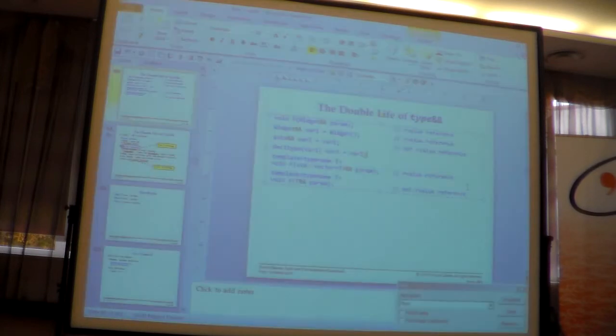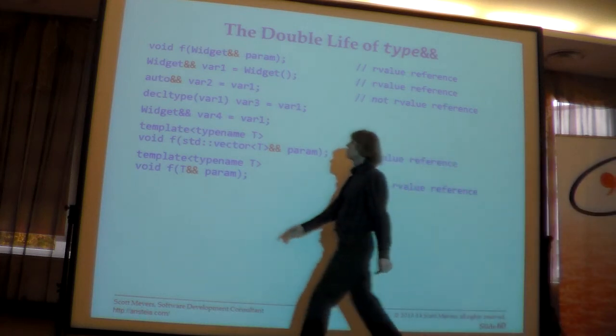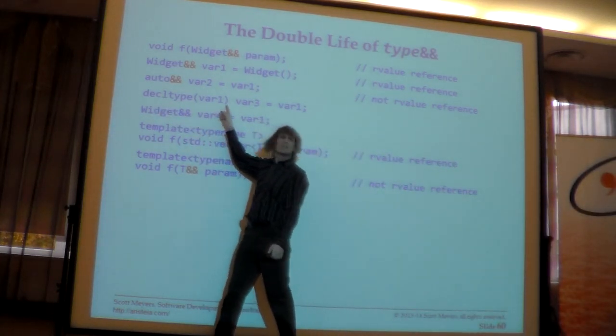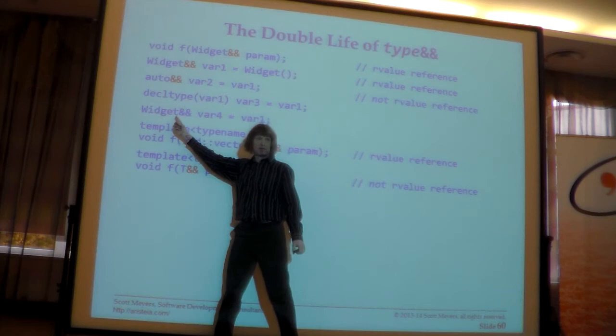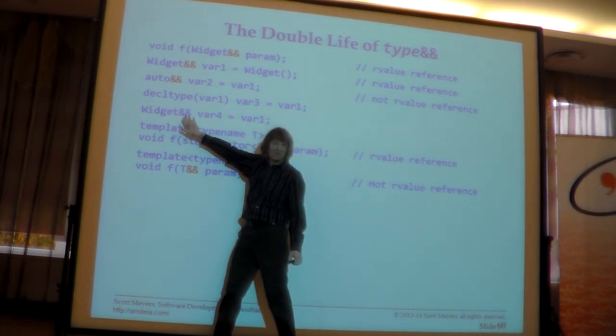Okay, so now I think what we want to do is get rid of that type and do auto&& var4 = var1, like that. This expands into this. So var4 is an R-value reference.